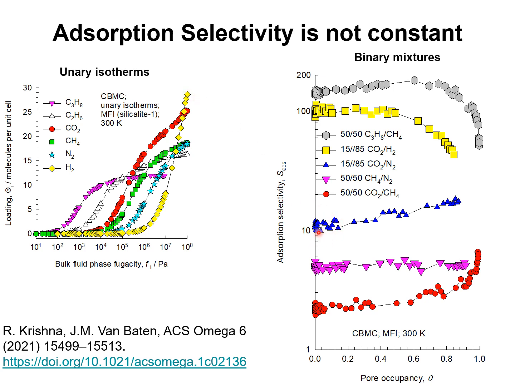For a mixture of CO2 and nitrogen, the selectivity appears to increase slightly with pore occupancies. And we note that the CO2 saturation capacity is higher than that of nitrogen.